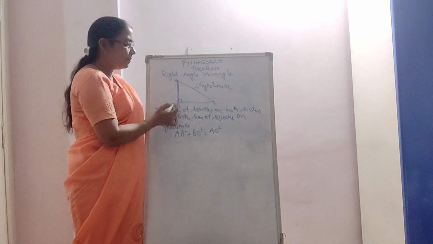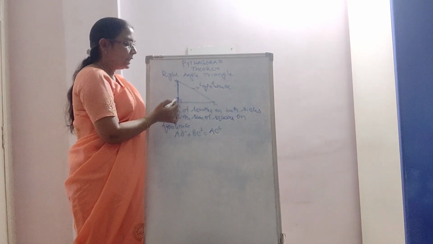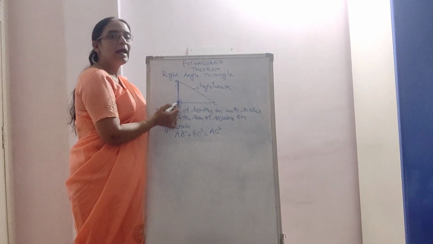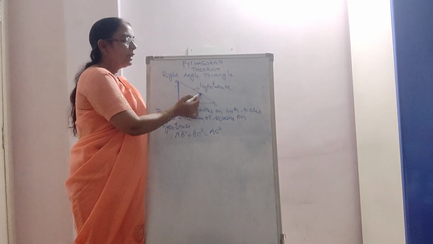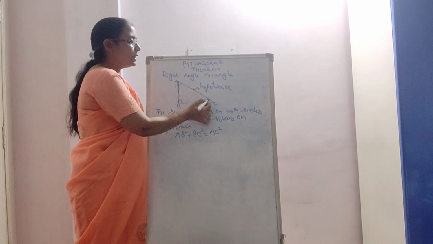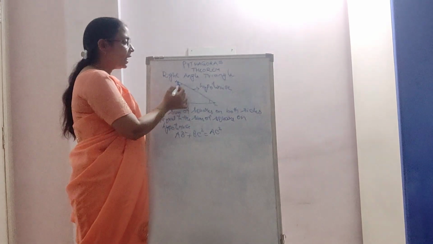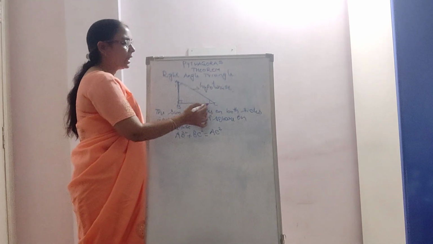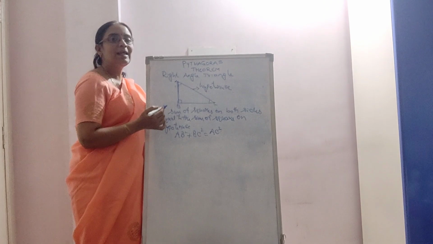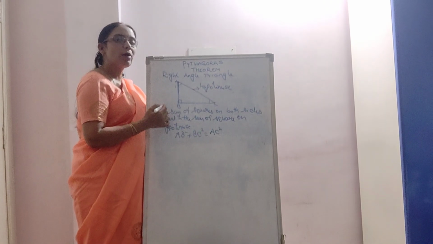Dear students, always remember how to find out the sides. The side opposite to the 90-degree angle is the hypotenuse. And there were two more angles coming here, angle A and angle C. Whichever angle among both the sides is greater, the opposite side will be the shortest side.